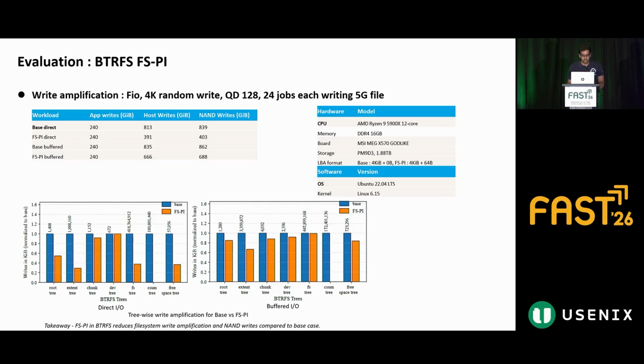For the write amplification, we use FIO to write the same amount of data from the application, and then we measure the number of host writes and NAND writes. We see that there is a steep reduction in the host writes and the NAND writes for the FSPI case as compared to the base case. So it helps in reducing the write amplification overall.